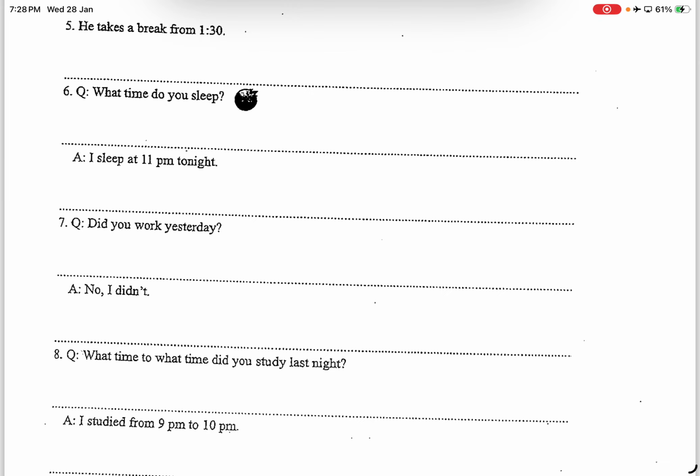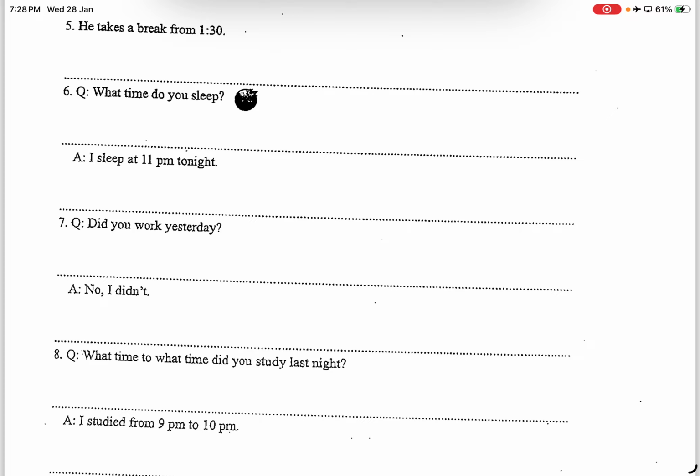あなたは昨日の晩は何時から何時まで勉強しましたか? Oh, very good. Right? Anata wa our subject, right? You. Kino no ban. Kino means yesterday. Ban means night. So yesterday night. Night of yesterday. Nanji kara nanji made.